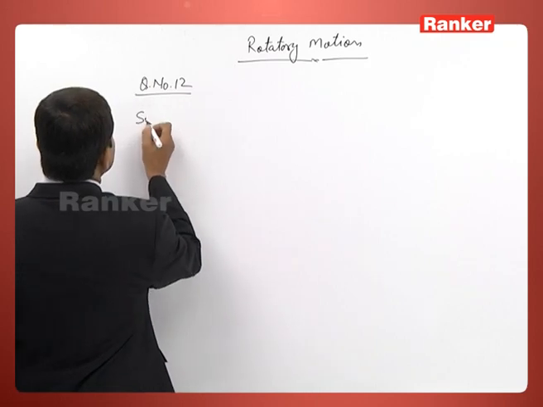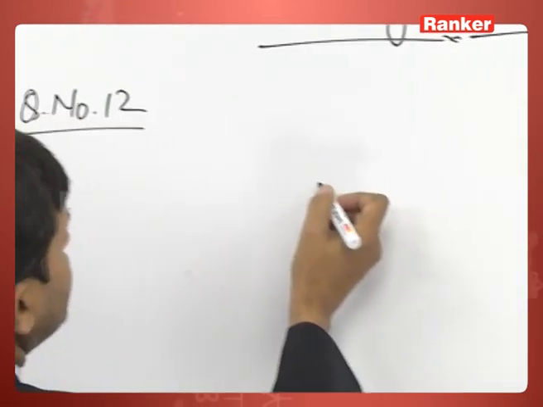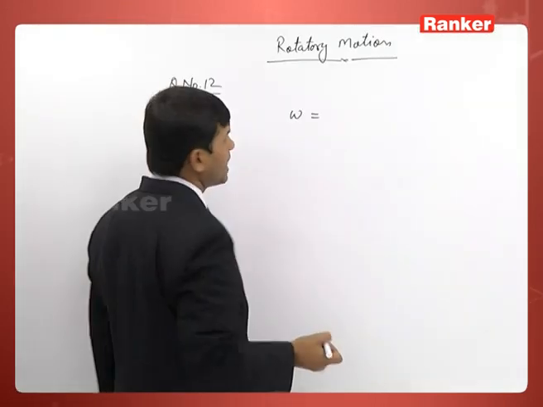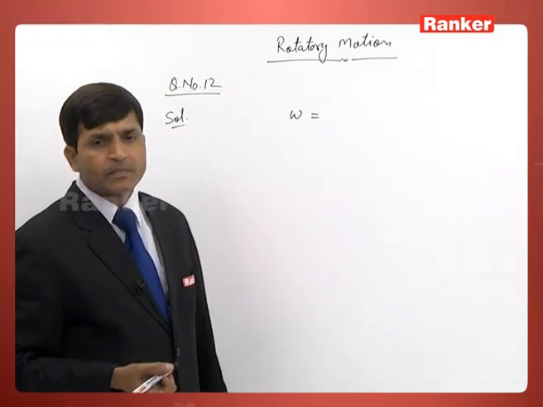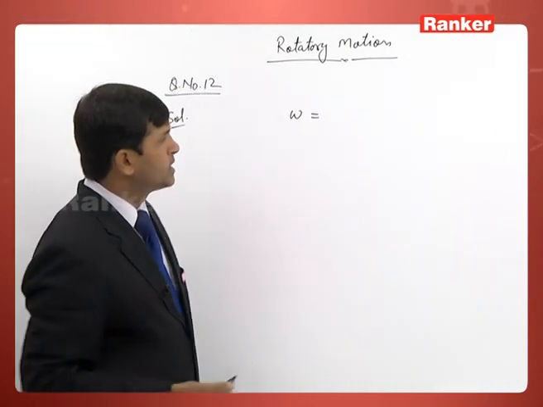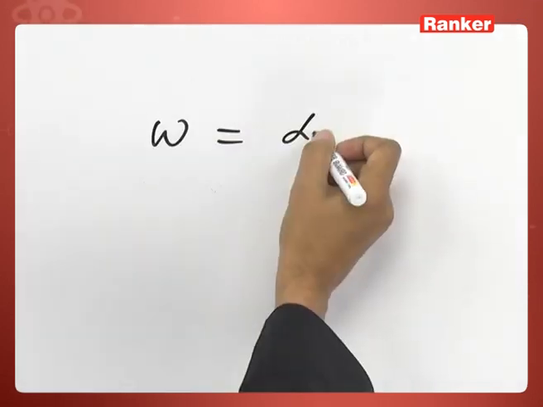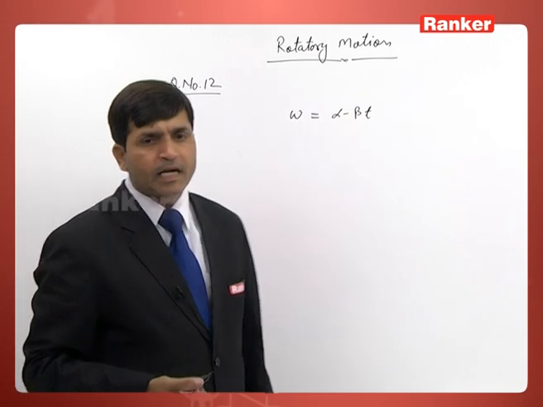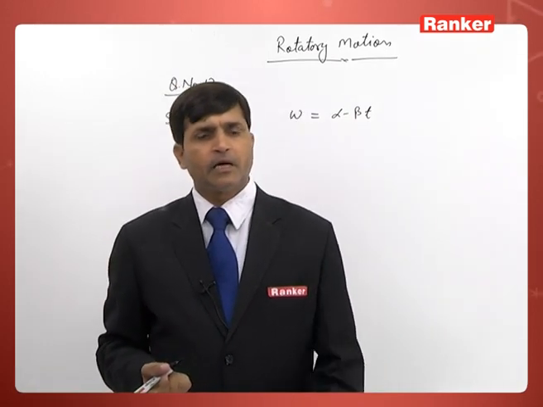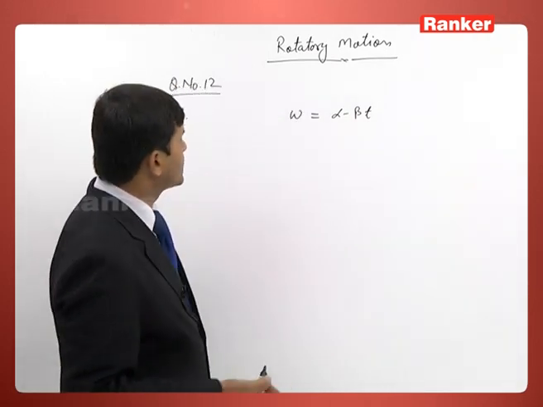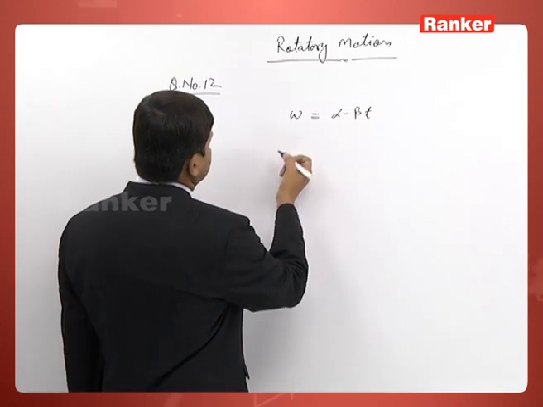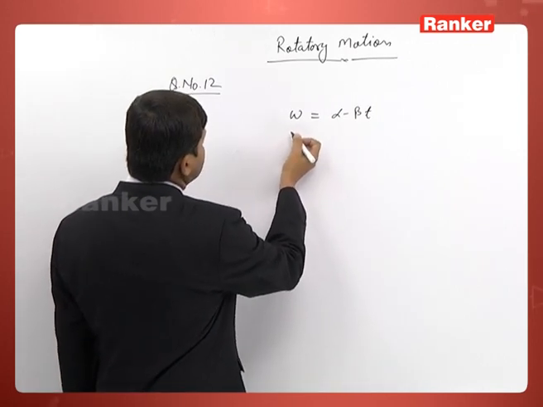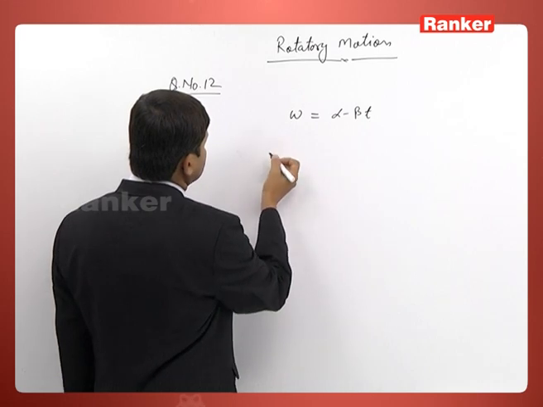See, as per the given information, angular velocity is given here as alpha minus beta t, and they are asking after how much angle it rotates before coming to rest. So see here, before coming to rest means omega will be 0.